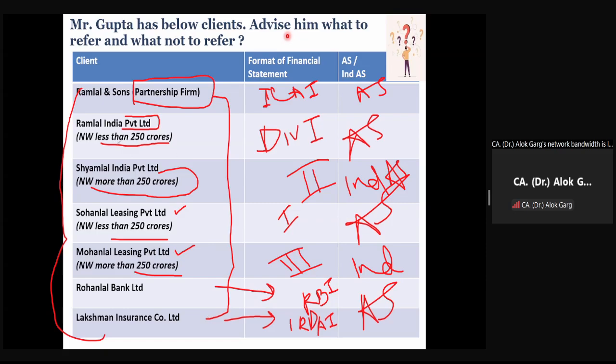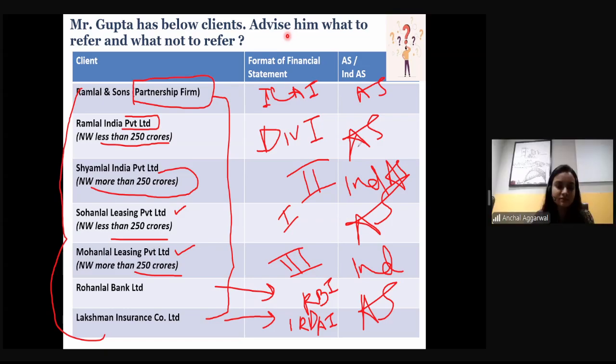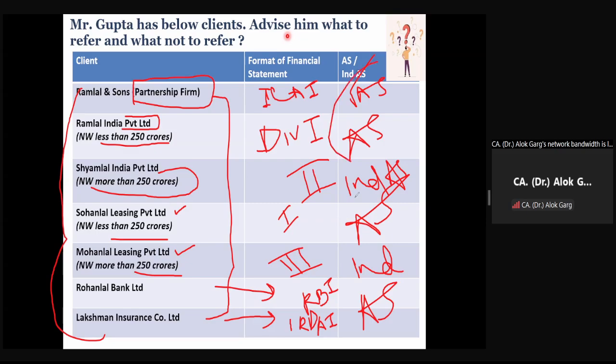Only if you have 7 clients, one, two, three, four, five, six, seven, you can see some on AS by ICAI, some on AS by MCA, then Ind AS. All three standards, all three different formats. So you need a mix of knowledge, and applying the right knowledge to the right client at the right time is equally important. Otherwise, one compliance may lead to a non-compliance in another one.